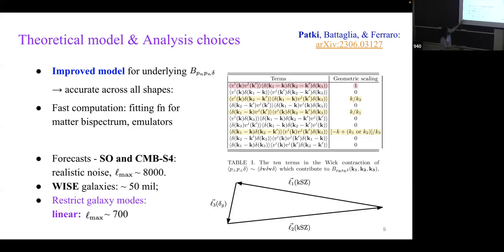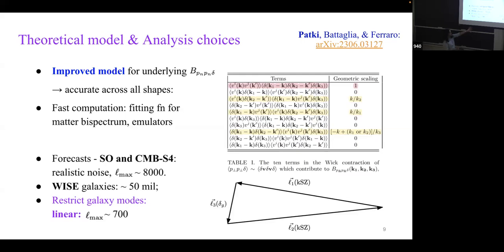And one thing we choose to do is we restrict the galaxy modes only to linear scales. So for the galaxy field, we put an Lmax of 700. And there's a few reasons for that, but basically once you restrict your galaxy field to linear scales, it's much easier to model it, and you avoid modeling uncertainties from things like HOD modeling or non-linear galaxy bias terms and stuff like that.